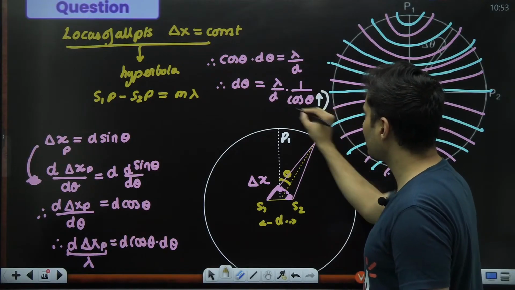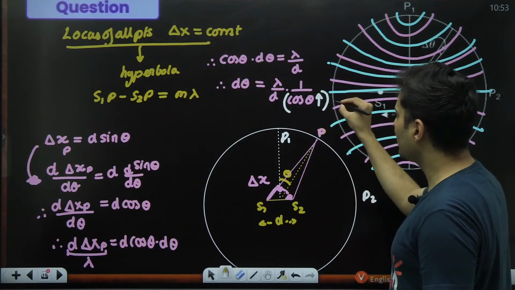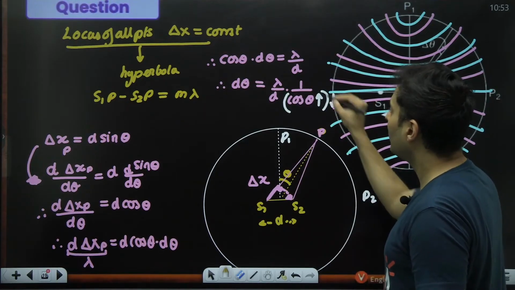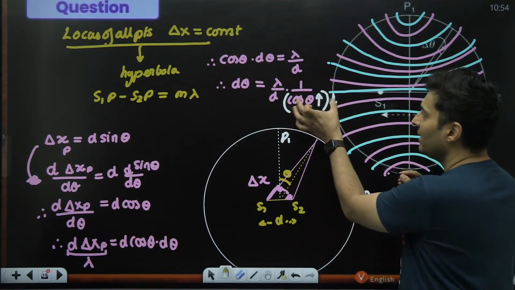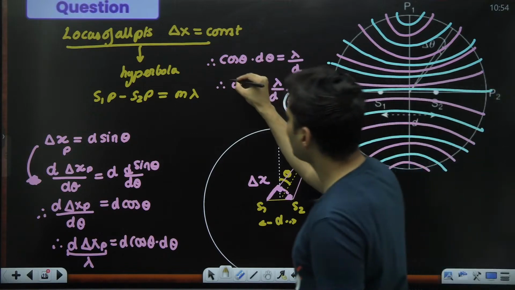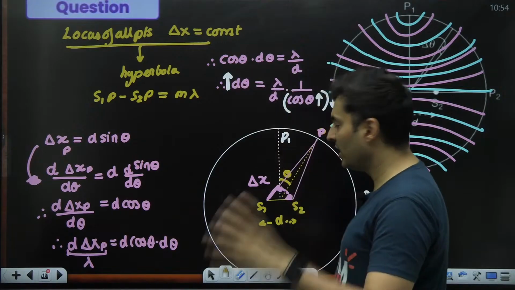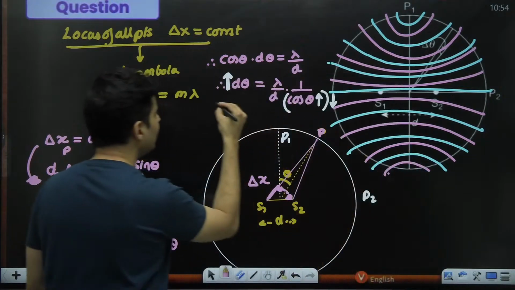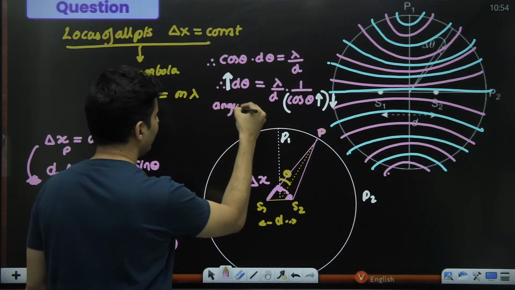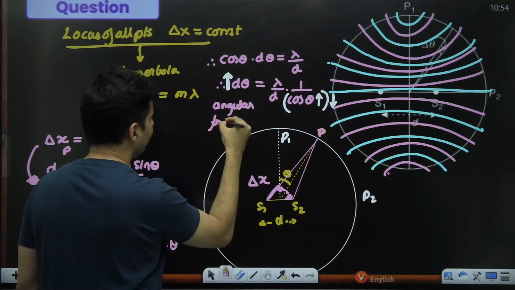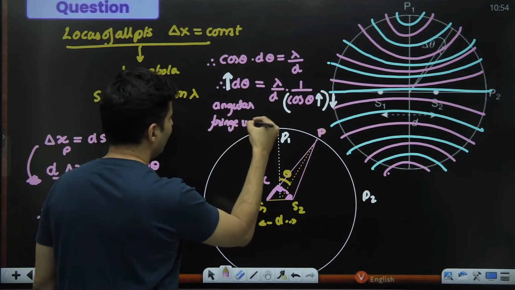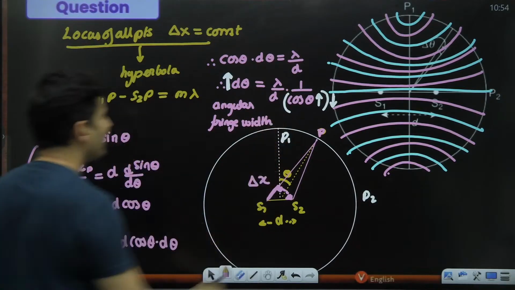If theta increases, what will happen to cos theta? Cos theta will obviously decrease. If cos theta decreases, the denominator decreases, the ratio increases. So d theta will basically increase. So what should happen to the fringe width? This d theta is your angular fringe width. Obviously it should increase.